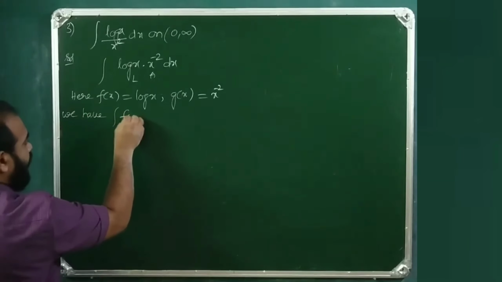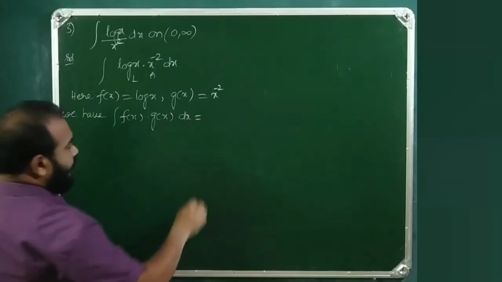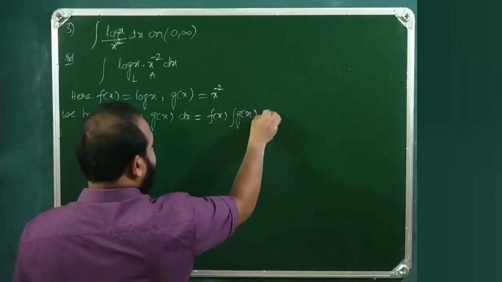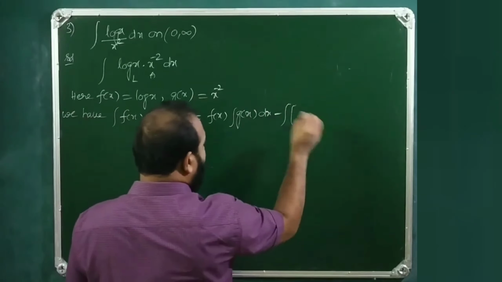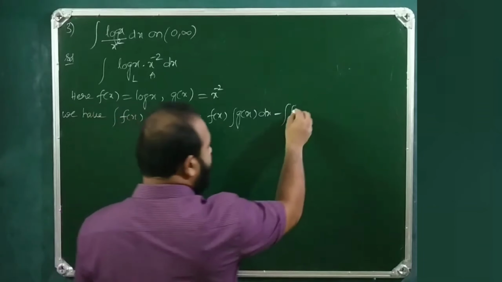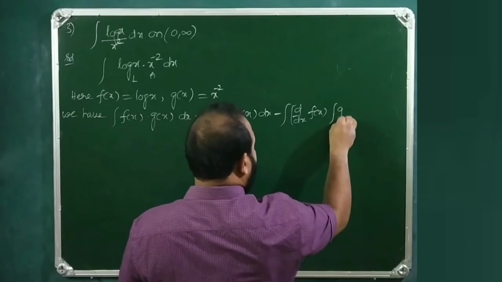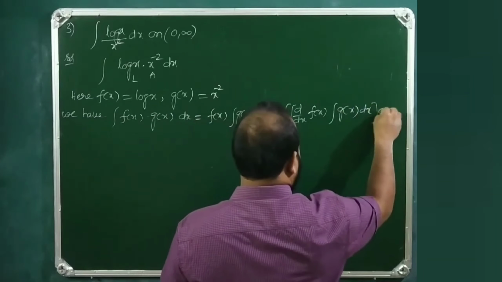We have integral f of x into g of x dx is equals to first function into integral of second function dx, minus integral of differential quotient or derivative of first function into integral of second function dx, whole dx.